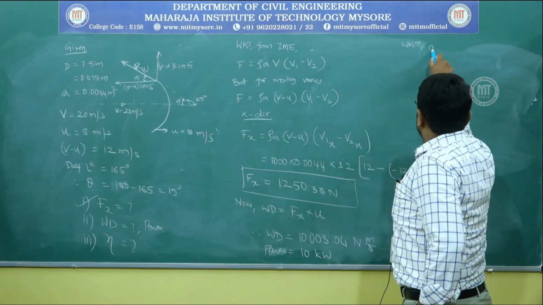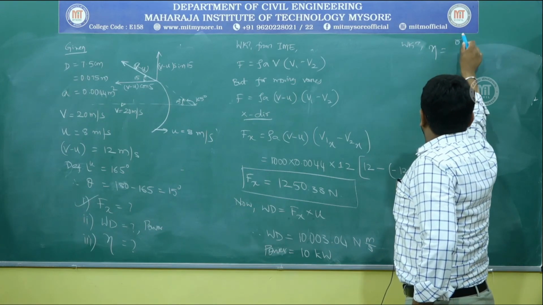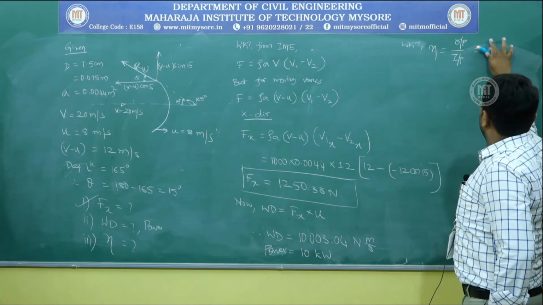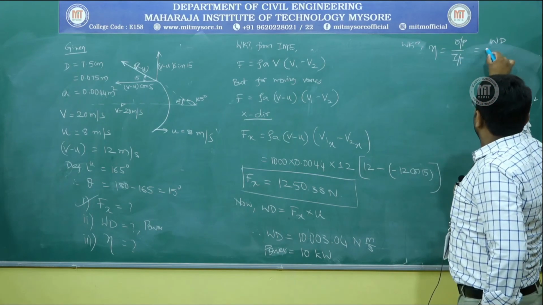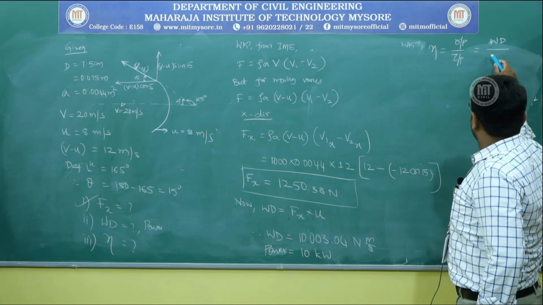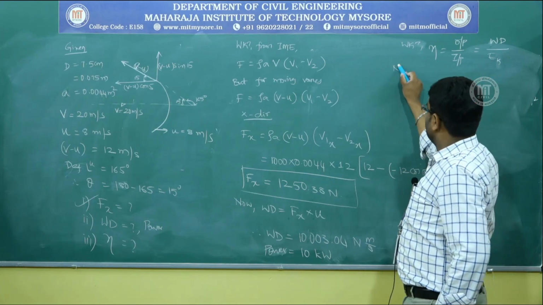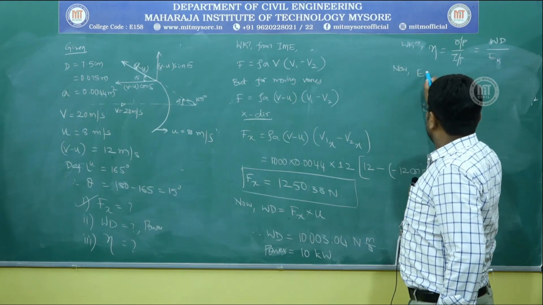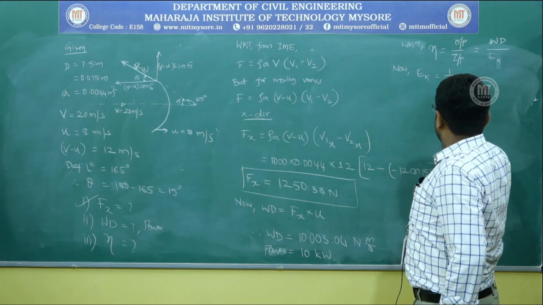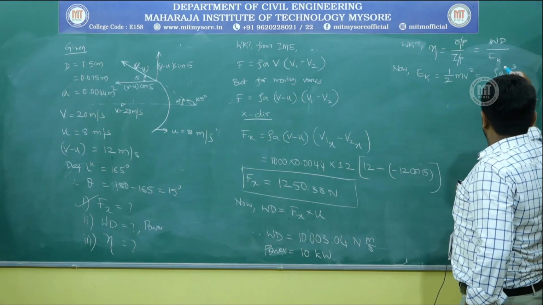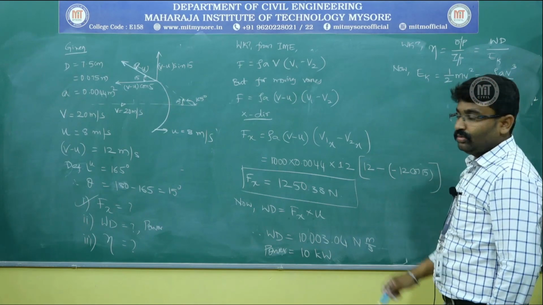We know that efficiency is equal to output by input. What is output? Output is nothing but work done, and input is nothing but kinetic energy. So what is kinetic energy? Now kinetic energy is half mv square, which can be written as rho AV cube by 2.